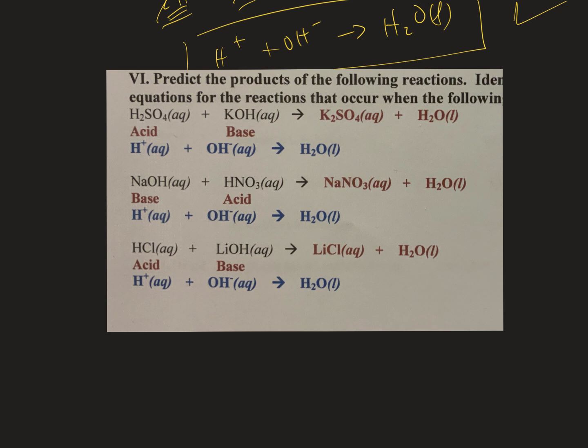Since this is not a double replacement reaction, that tells us it's an oxidation reduction. These 2 right here are double replacement. Since that's not a double replacement reaction, because they don't swap partners, they're oxidation reduction.